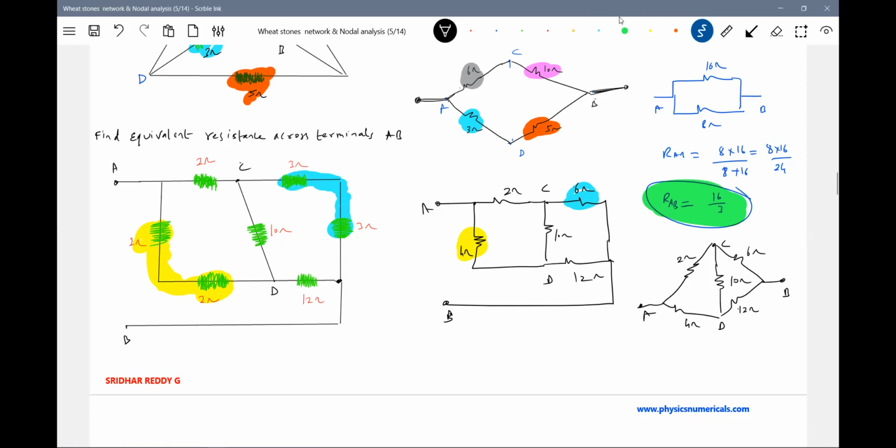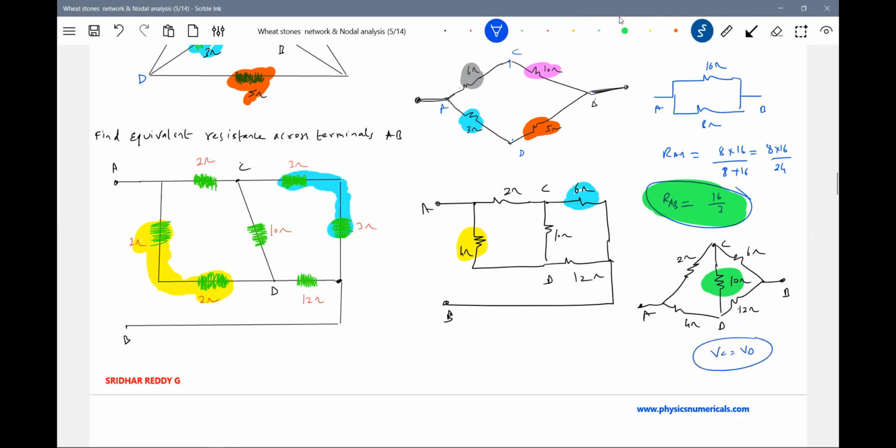Then what to do with this resistor? The 6 ohm resistor I can remove from the circuit, because you check the ratio: 2 ohm by 6 ohm, 1 by 3, is equal to 4 by 12. The ratio of these two is equal to these two. So the potential at C is in fact equal to D. Then I can remove that resistor.